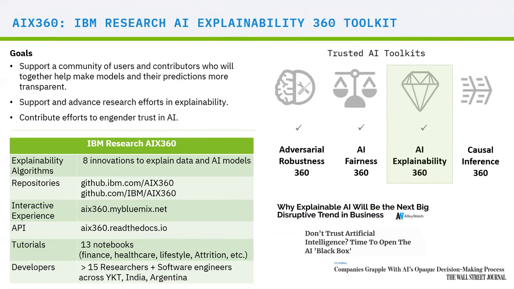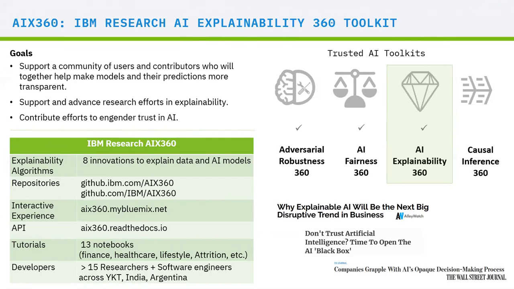This toolkit is part of a series of toolkits that IBM Research has released. Last year, we released the AI Robustness as well as the AI Fairness Toolkit, and this year we are releasing the AI Explainability Toolkit. We also have a couple of other toolkits lined up under the Trusted AI umbrella.